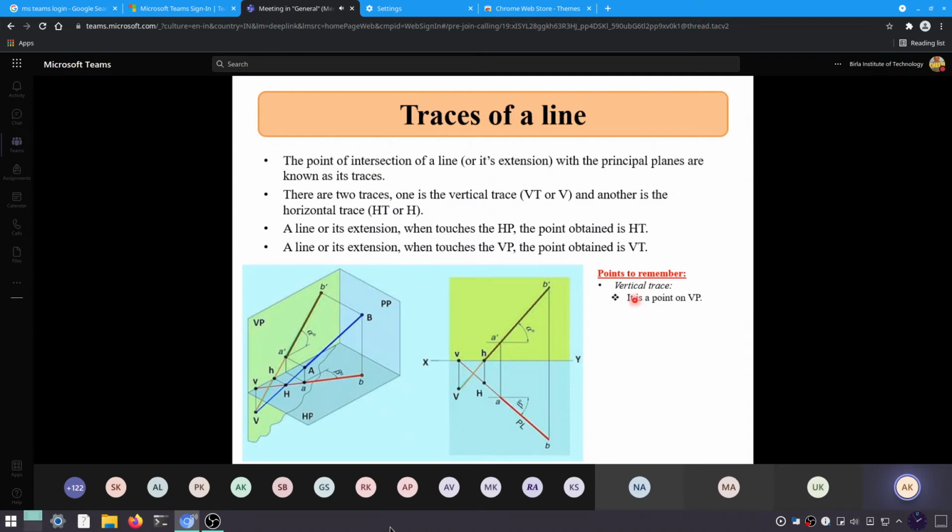So the vertical trace, the points to remember are, it is a point on VP, okay? Vertical trace is a point on VP, right? Hence it is called the front view of a point in VP.